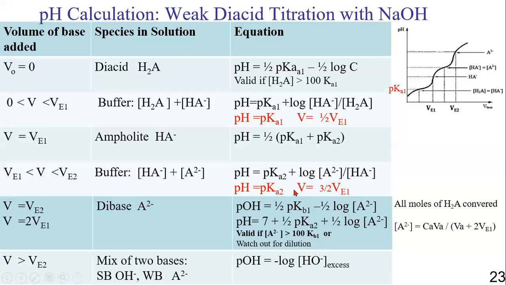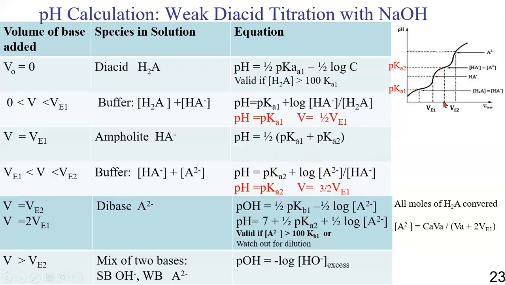What happens at that volume right here, which is the midpoint between V equivalence 1 and V equivalence 2? Yes, that's when HA minus is going to equal A2 minus. And so what's the big deal when that happens? The big deal is that when these two species are equal to each other and I apply Henderson, because overall this region is more or less a buffer-like region, the pH equals pKa2. And of course, I could have just put that right at the beginning without doing any calculation.